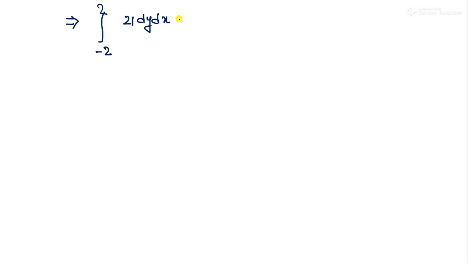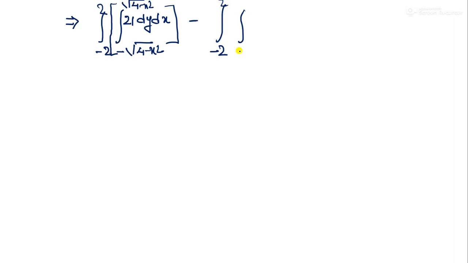Also you can write this equation with the y limit from minus root under 4 minus x square to root under 4 minus x square. Now I am just separating out these two factors. So you can write minus the integral from minus 2 to 2, integral from minus root under 4 minus x square to root under 4 minus x square, of 12y dy dx.